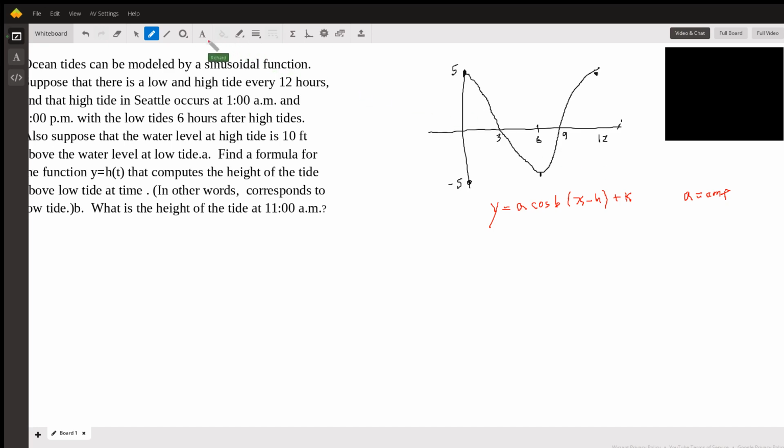Let me just put it in there now. The period is equal to 2 pi over the absolute value of B. H is a horizontal shift, and K is a vertical shift.